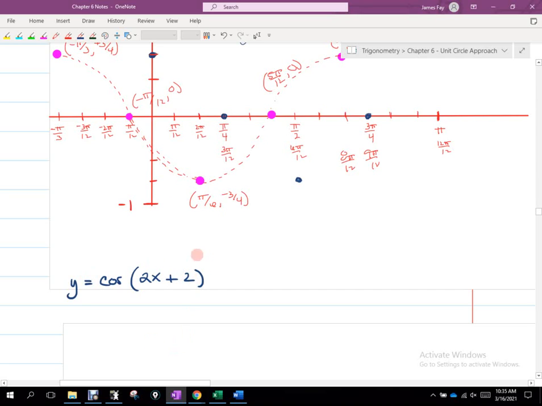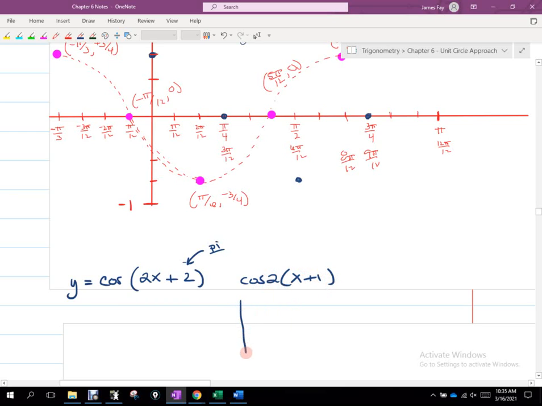Okay. Normally that thing is in terms of pi, right? Now it's not. So when it's in terms of pi, that's because when we establish our x-axis, we let our x-axis be in terms of pi. But now if I do this, I have cosine of 2 times x plus 1.